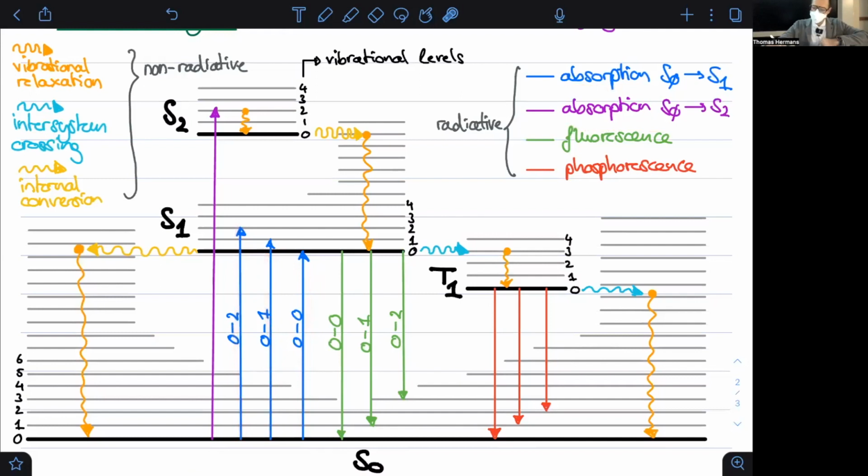And I put here on the side some numbers, 0-2, 0-1, 0-0. So 0-0, what does it mean? 0-0 means you go from the lowest vibrational level of the ground state to the lowest vibrational level of the first excited state, right? That's 0-0 absorption. If I go 0-1, that's from 0 to 1, right? And 0-2 is from 0 to 2.